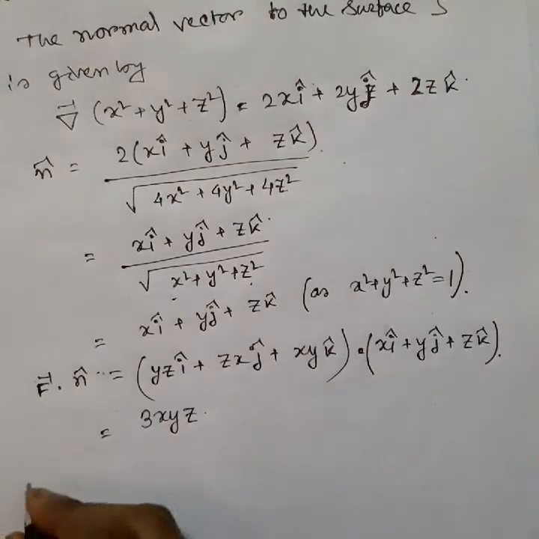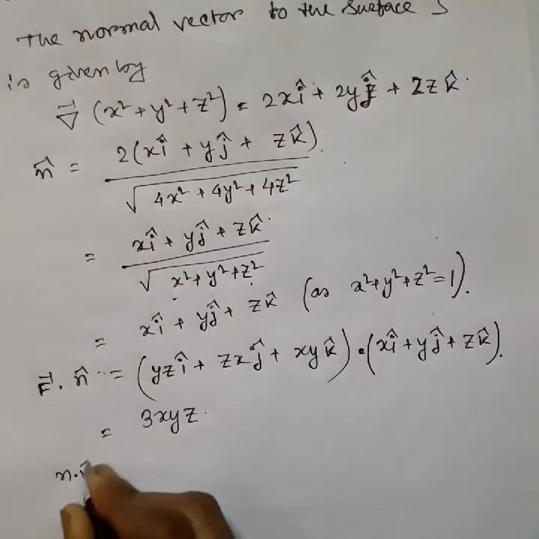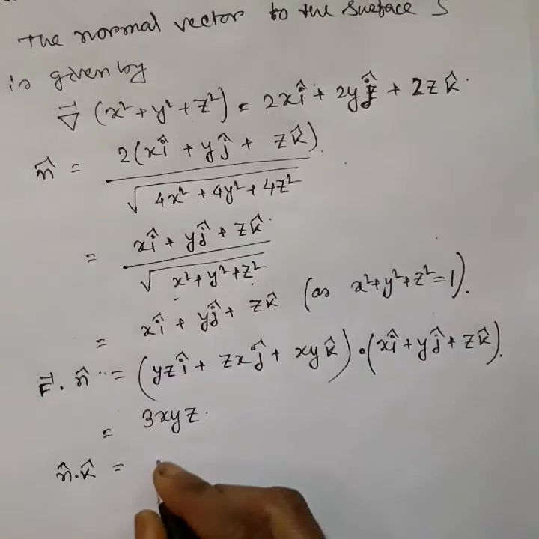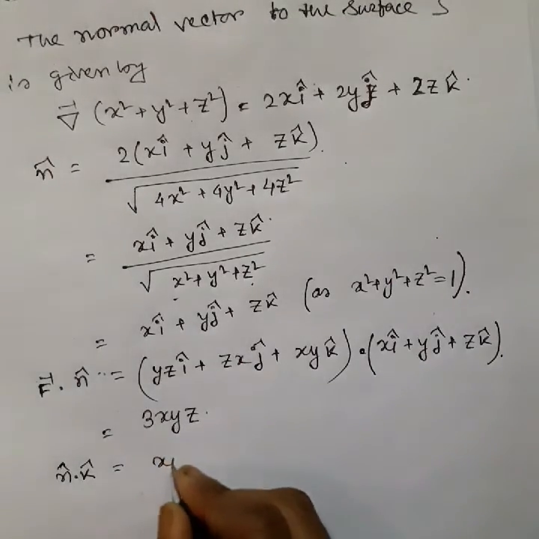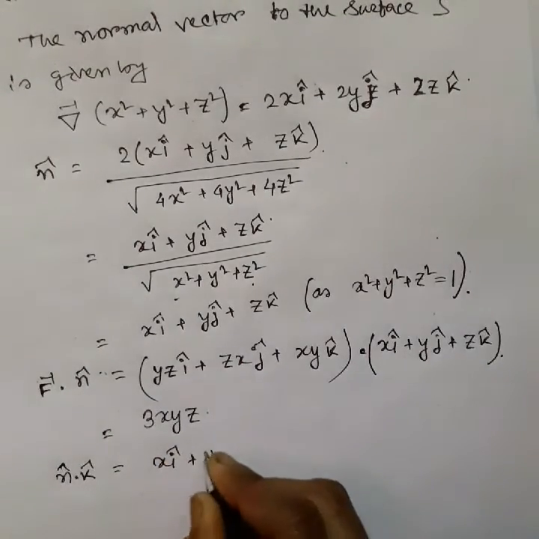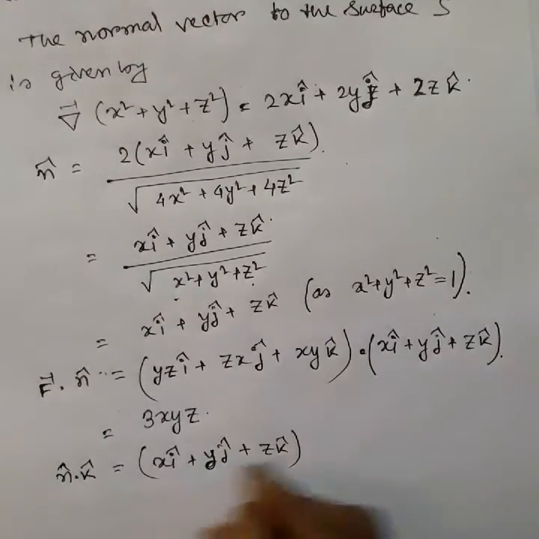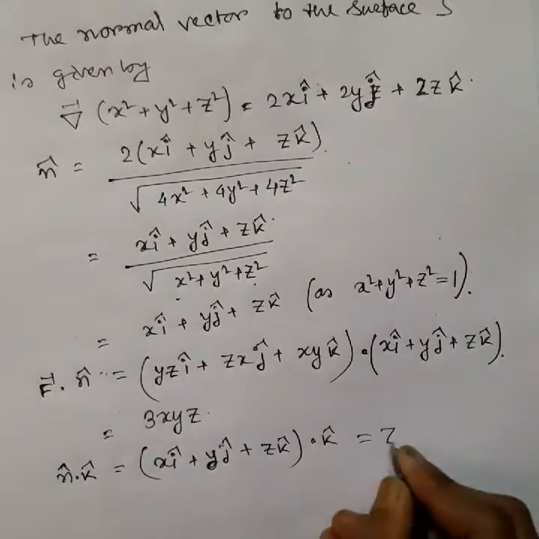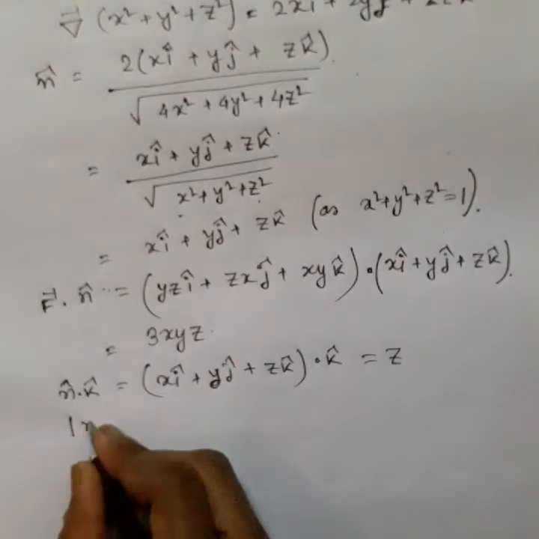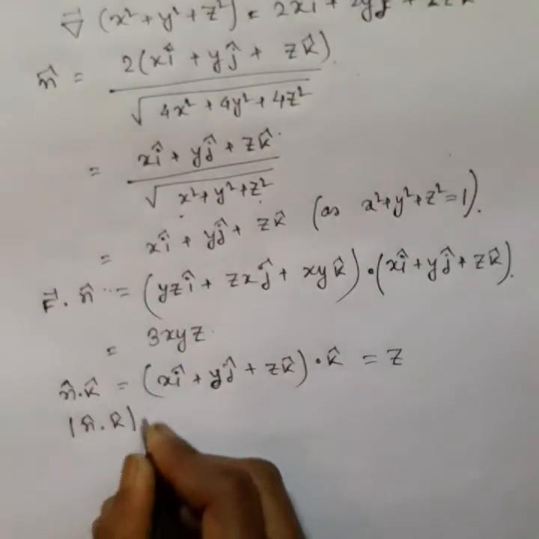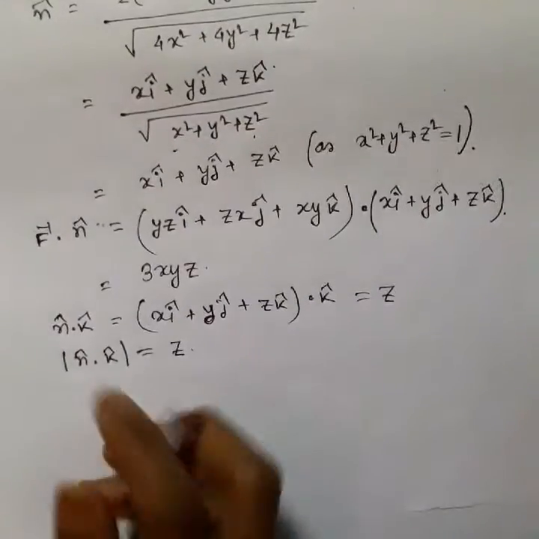Okay, so now we find n dot k. We know n is equal to xi plus yj plus zk, dot product of k, that is equal to z. So magnitude of n dot k is equal to z.